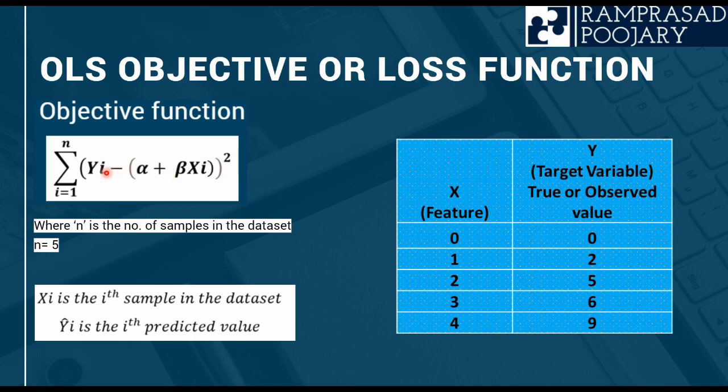And we want to bring the gap between yi cap, which is the model prediction, and the observed data point, which is as per the given data set, to a minimum value. When it is minimum, you get the best alpha and beta values, or optimal alpha and beta values. So that is the main aim of any training process, to estimate alpha and beta, and for that the objective or the loss function is required. And with OLS, this is the objective or the loss function used.